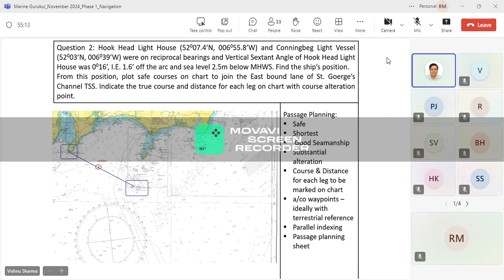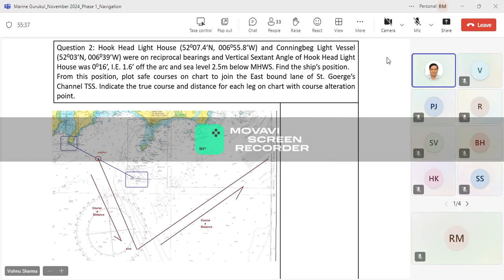You must transfer your passage plan onto the passage planning sheet. Okay. Basic passage planning techniques must be adhered to. If you take care of these points, your passage plan cannot go wrong, guys. It cannot go wrong.